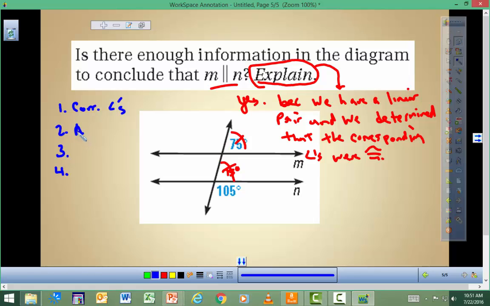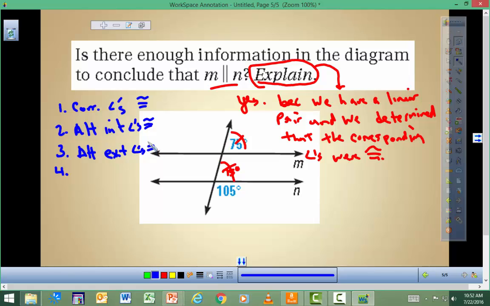We could have shown that the alternate interior angles are congruent. We could have used the alternate exterior angles. We could have shown that they were congruent. We could have shown that these were congruent.